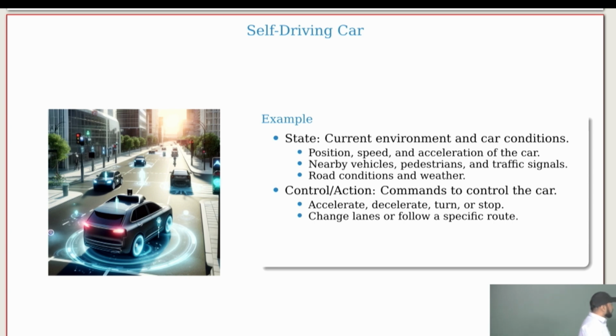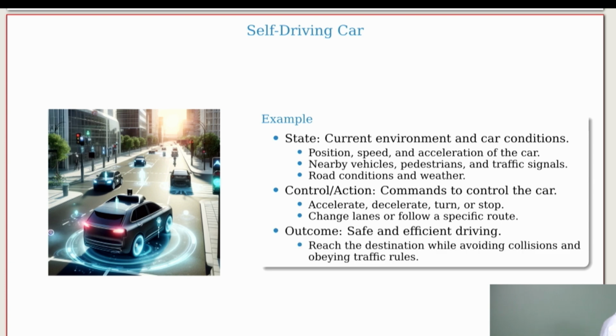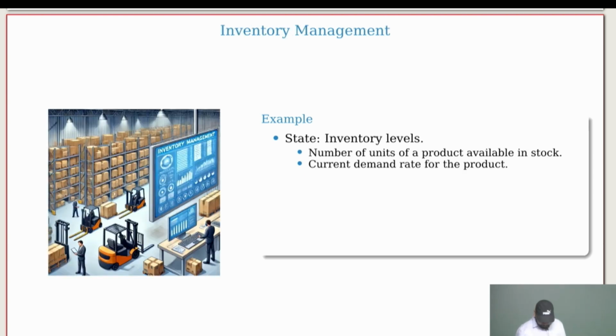The control actions, the commands to control the car, could be accelerate, decelerate, turn, stop, change lanes, or follow a specific route. And the outcome obviously is safe and efficient driving, reaching the prescribed destination, avoiding collisions and obeying traffic rules, right?